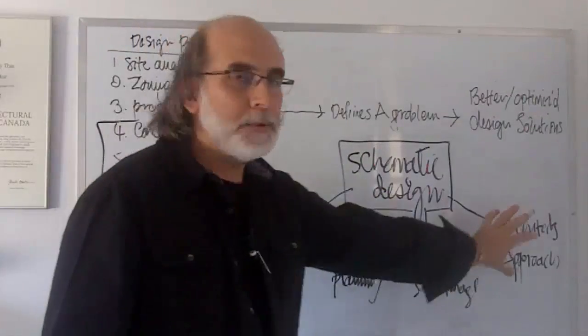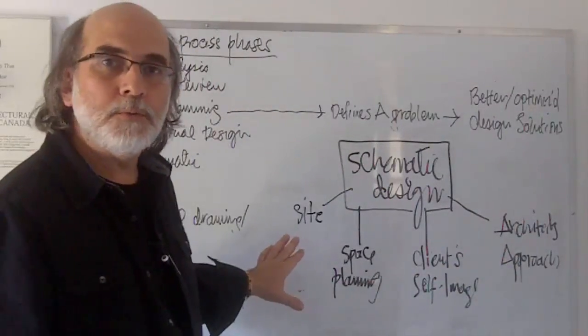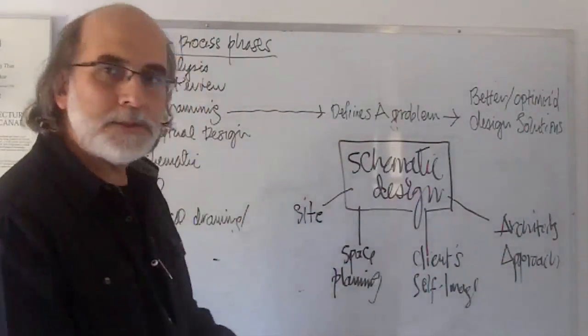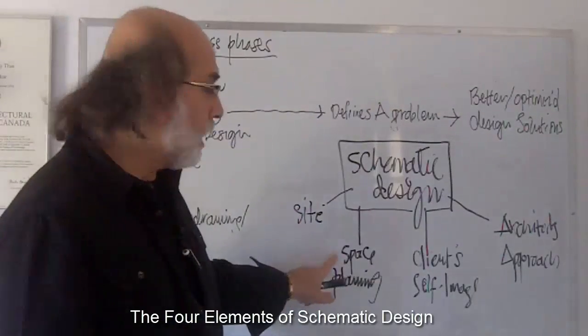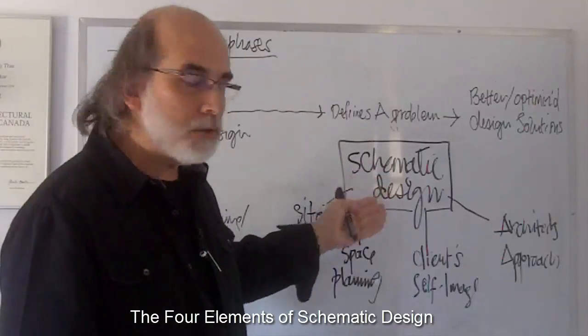There are four elements that we take into consideration when we do schematic design. It's the site, or the nature of the site. It is the space planning, which comes, as we said, from the functional program.